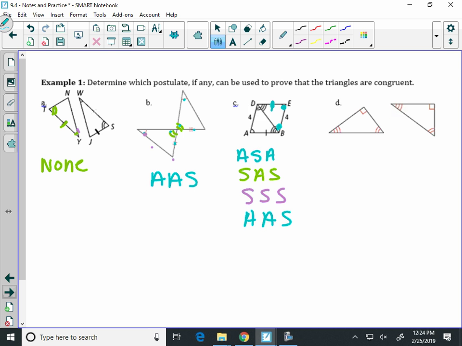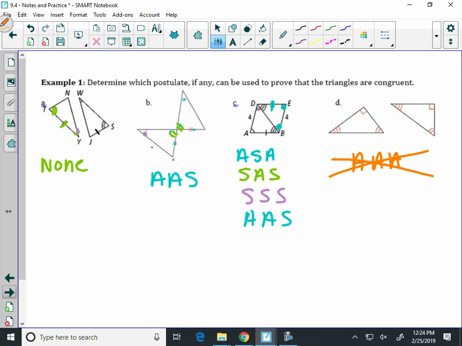Oh, I know what D is. D is really easy. All 3 angles are the same. I'm going to say angle, angle, angle. You want to write that down, right? That's what we want to use. No. Doesn't work. Don't do that. Even though it has all 3 angles, it doesn't work, because they could technically be similar.